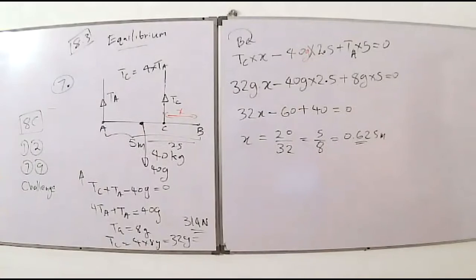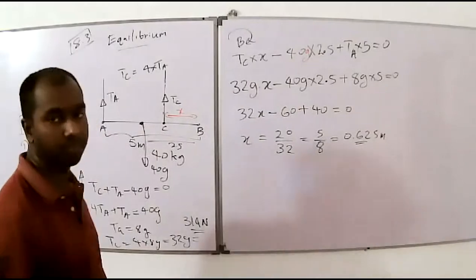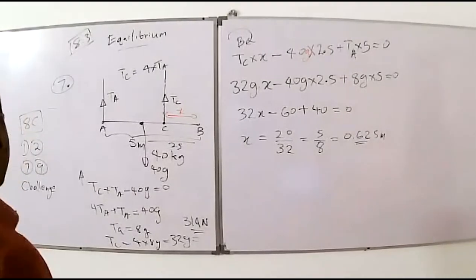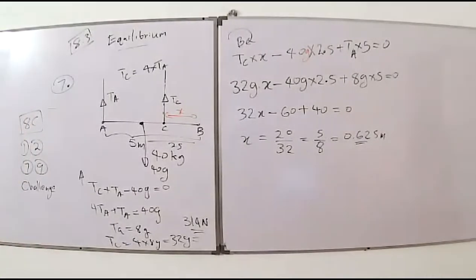Please comment for question number 7. The length CB equals 0.625. Sunal, did you get the answer? Okay, easy questions. See, these exam type of questions are not really hard.